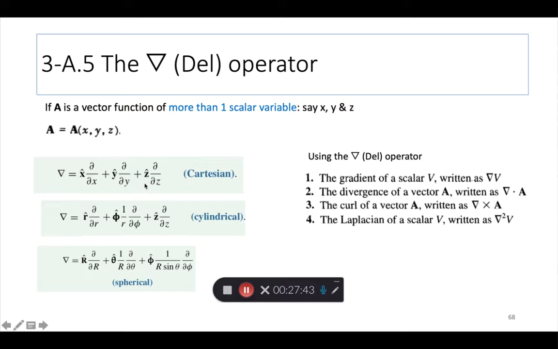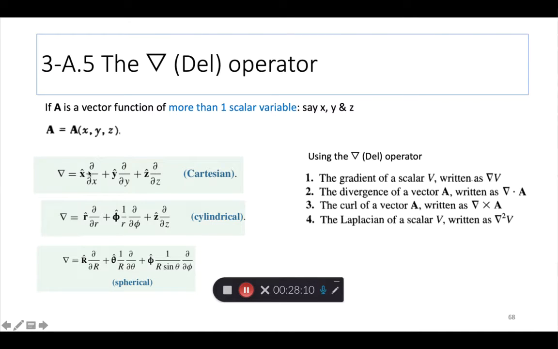The easiest is in the Cartesian or rectangular coordinate system, where del just means you take a partial derivative of this function in the x direction, the y direction, and the z direction.